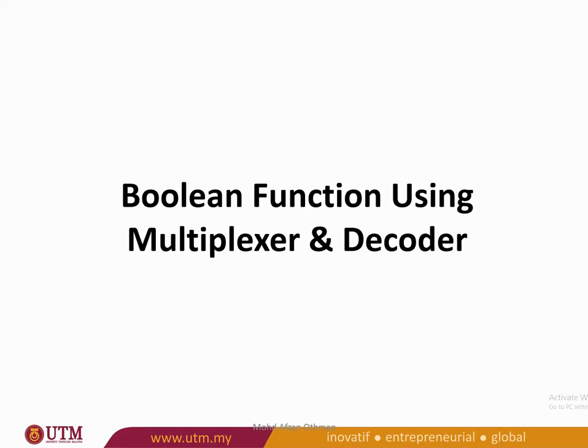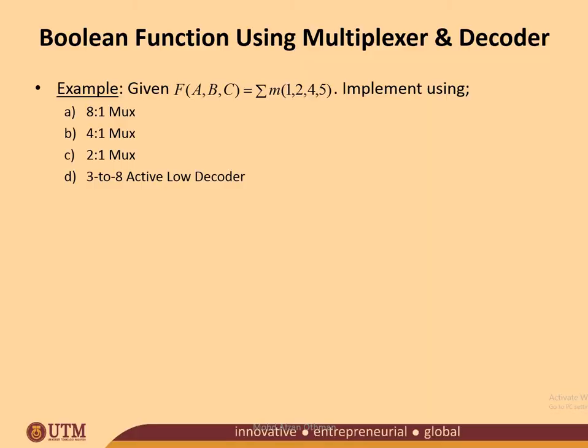Now we go to the next one, the Boolean function using multiplexers and decoders. What is the Boolean function that we may get when we deal with multiplexers and decoders? For example, given F(A,B,C) with inputs A, B, C, this is the shorthand minterm: minterms 1, 2, 4, 5.